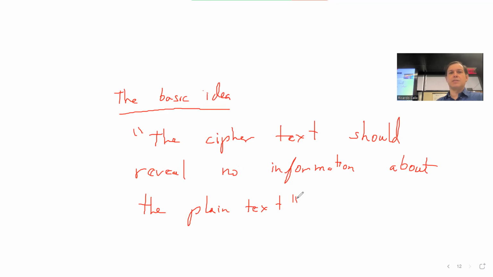Okay, so think about this definition. The ciphertext should reveal no information about the plain text. That's actually the basic idea of Claude Shannon's formulation of what makes a secure cipher.